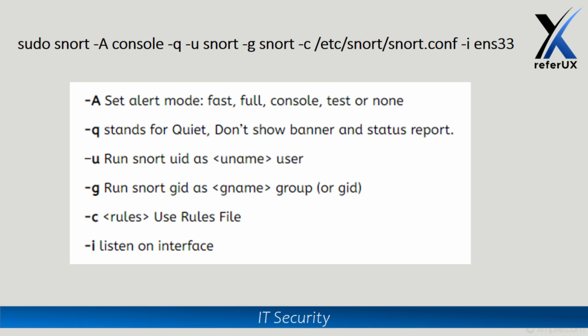And -u and -g mean the user and the group that this is running as, and -c means which configuration file tallies with the rules, and -i represents the interface that we are going to use, that is ens33 in my CentOS VM.